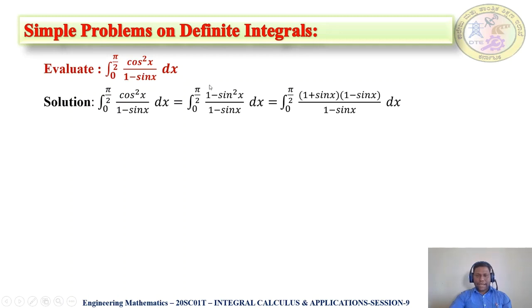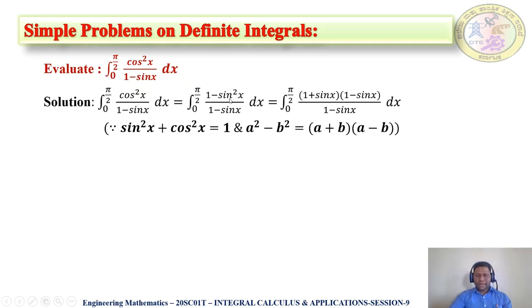Here you can write 1 as 1 square minus sin square x. There is no change. That will be in the form a square minus b square. So a square minus b square can be written as a plus b into a minus b. Here a is 1, b is sin x, so a plus b is 1 plus sin x, and a minus b is 1 minus sin x.